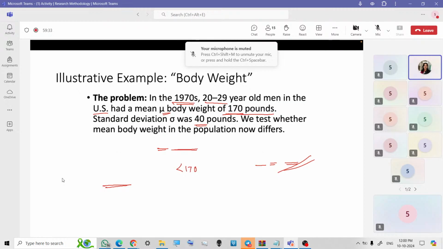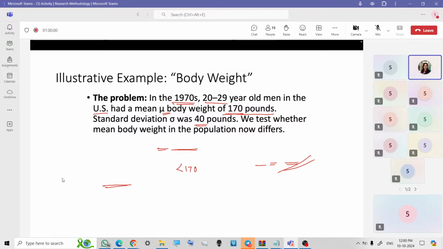For example, in the US, 20 to 29-year-old men had a mean body weight of 170 pounds. The standard deviation was 40 pounds. We test whether the mean body weight in the population differs or not. So what was given over here?